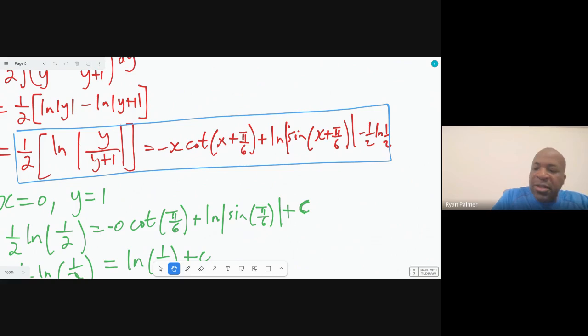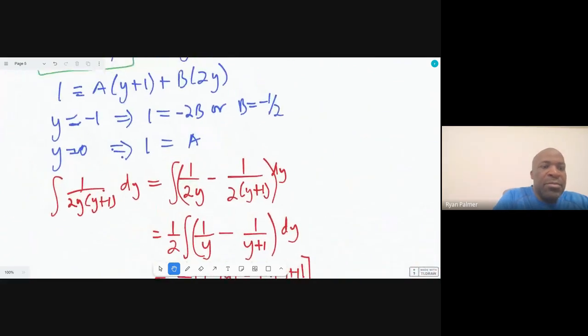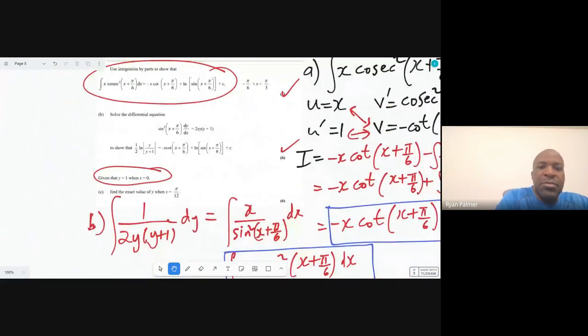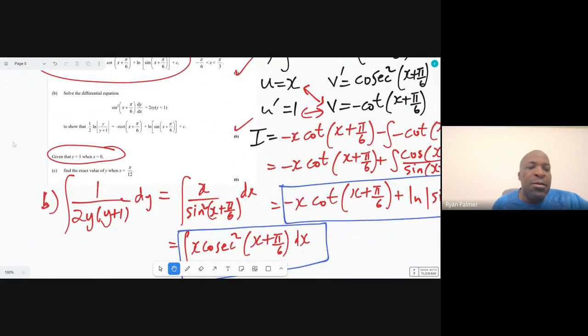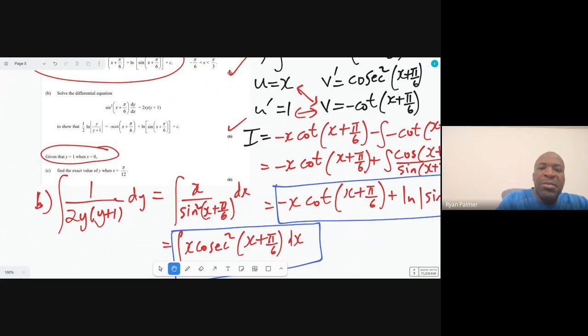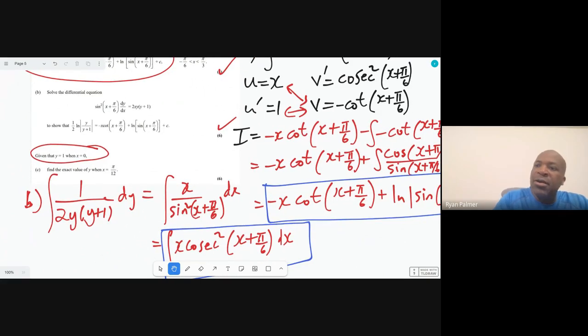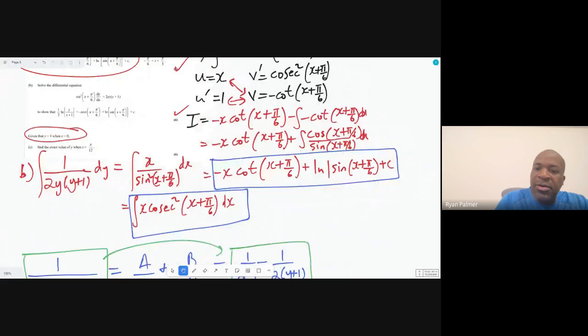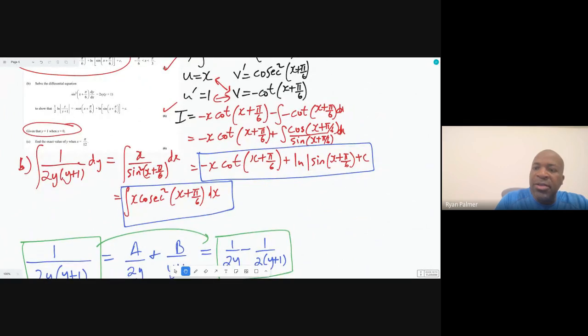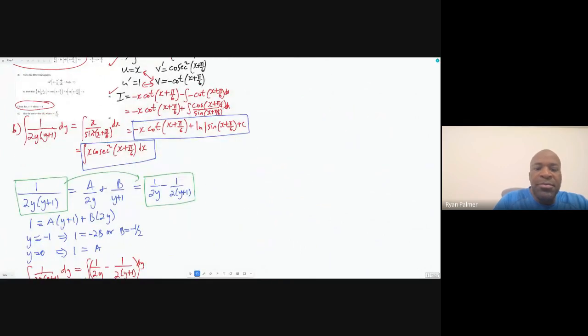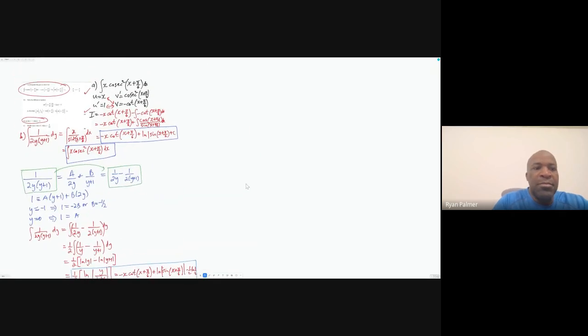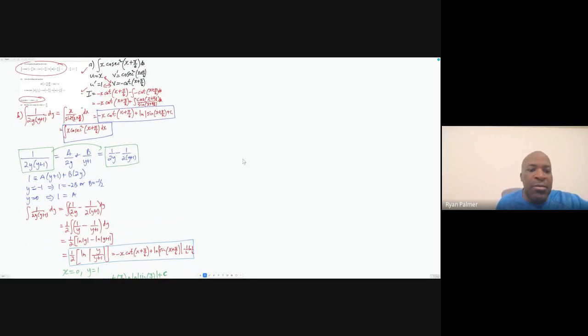So now if we go back to the question, we want to find the exact value of y when x is equal to pi by 12. Let's look at where we are now. This is our journey so far.